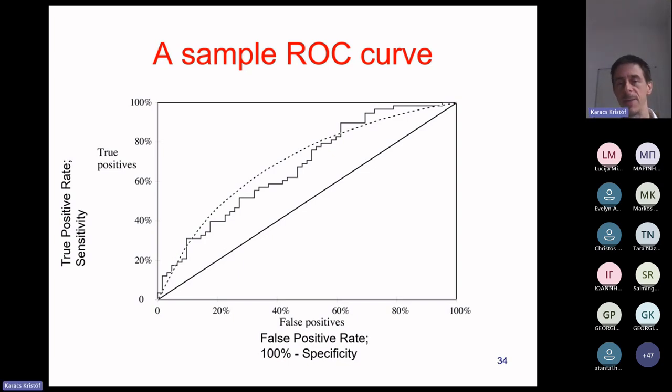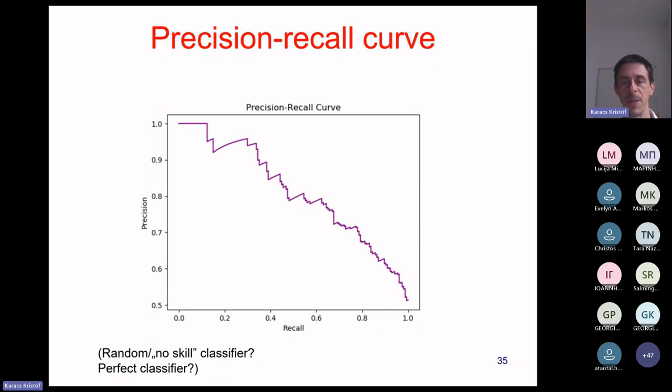But before we get there, let me mention that this is not the only possible curve that we can draw. There's another one which is very famous in machine learning, which is called the precision recall curve, where this is very similarly derived from two basic error measures or evaluation measures, sorry.